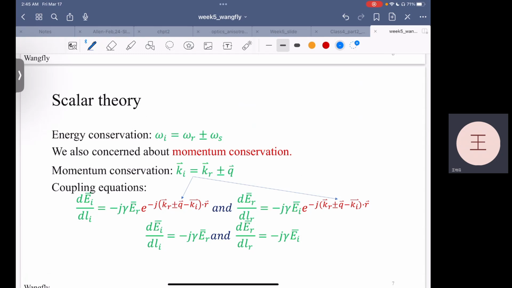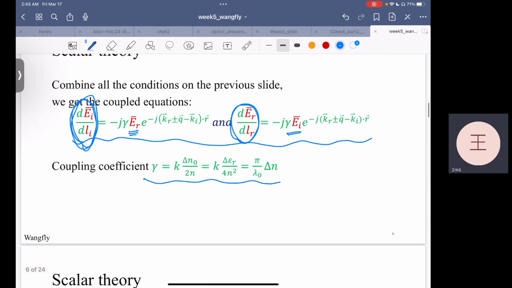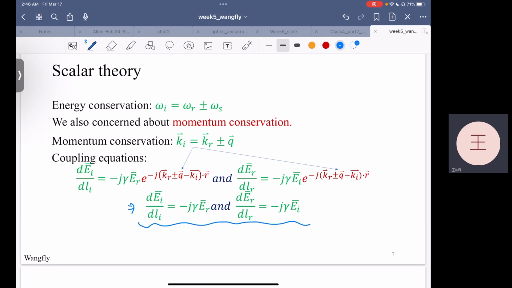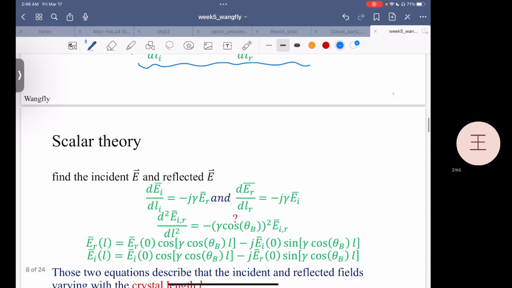Still, energy conservation and momentum conservation let us further derive the term here. With that, our life becomes easier, such that we have a simple relationship between the incident electric field and the reflected electric field.